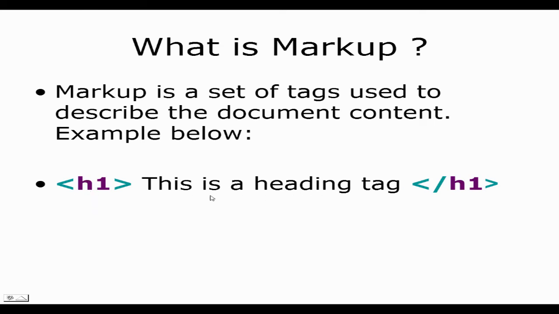So this is a markup which describes that this content here is a tag. Alright, so the element is embedded within the tag, which are opening and closing. So the markup here indicates that this tag here is a heading tag. Again, markup are a set of tags used to describe the document content, and the tags come mostly in pairs. If this doesn't make much sense now, don't worry. As we start to practice using the tags, it will make more sense.